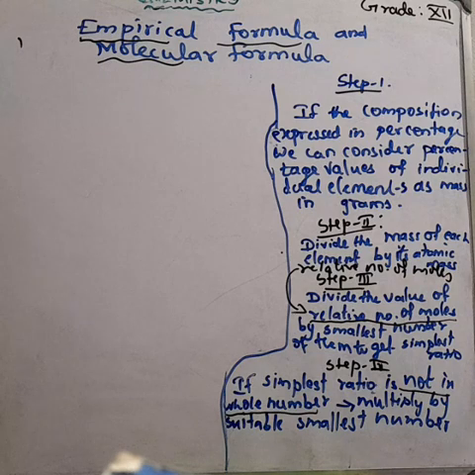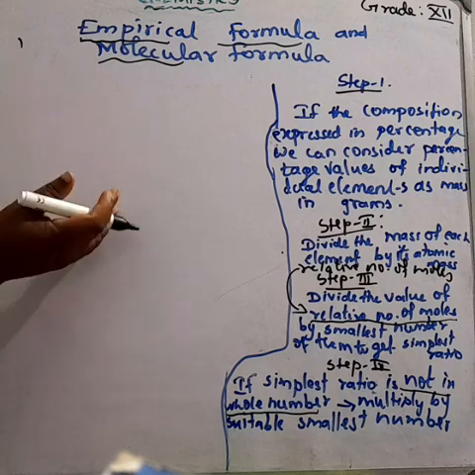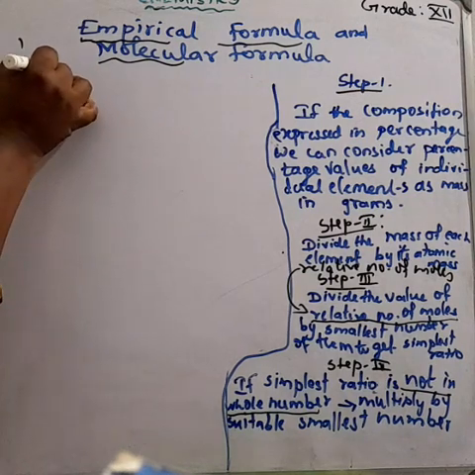Understood? So these are the four steps to determine the empirical formula. We can discuss this one by one with the example. First, example 1.